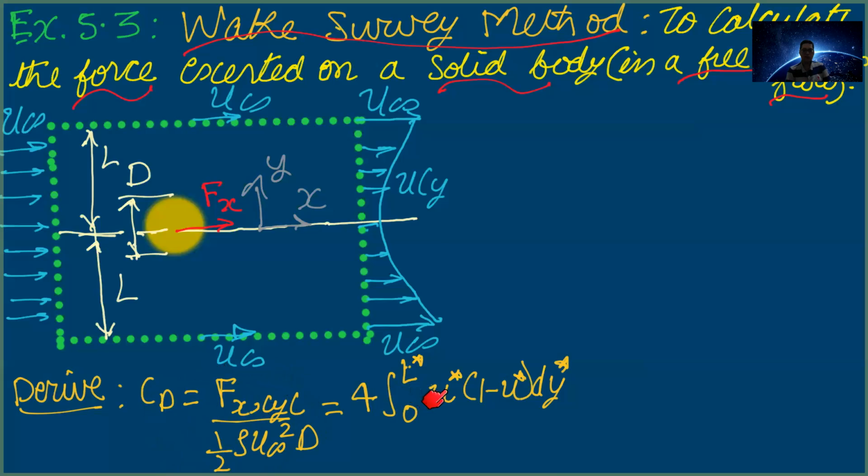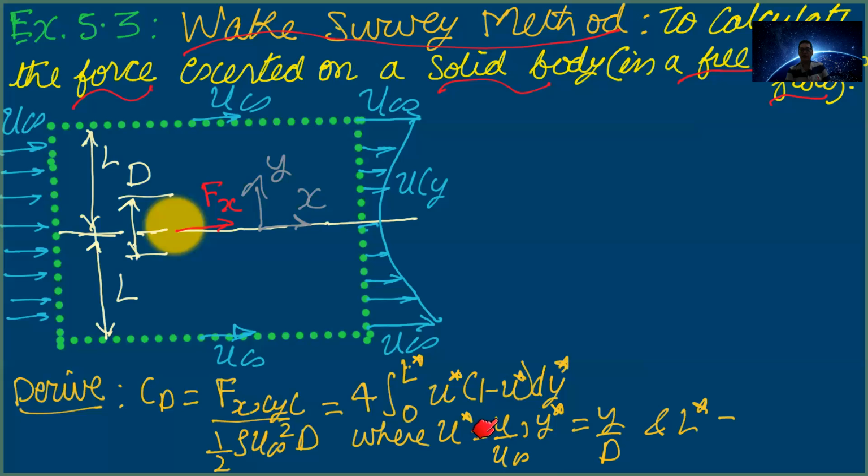This is expressed in terms of the integral in terms of the non-dimensional horizontal velocity, non-dimensional y-coordinate, and L star, where L is half of the height of the domain. Here you can note this u star is given as the ratio of u divided by u infinity, y star is y divided by the diameter of the cylinder, L star is L divided by d.